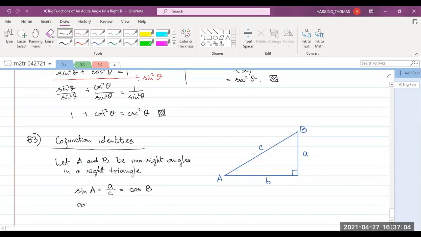Okay, now cosine A will be B over C, but that is the same as sine B. Is it right?